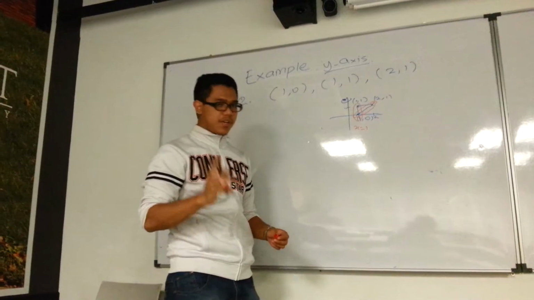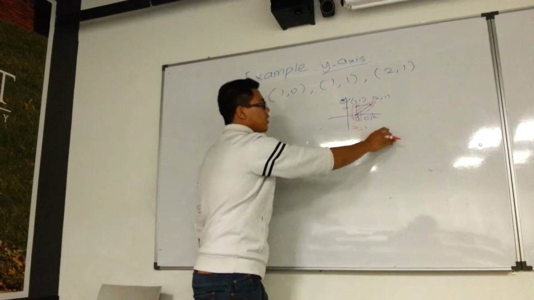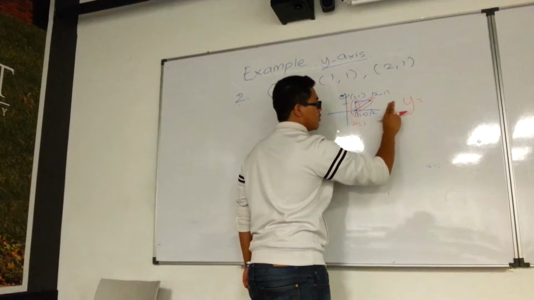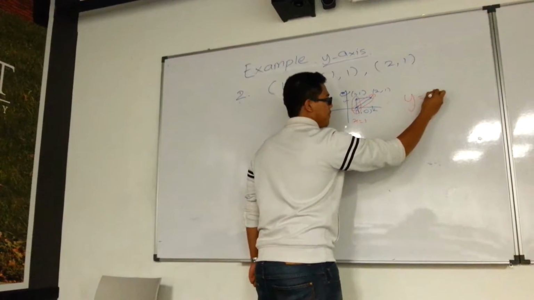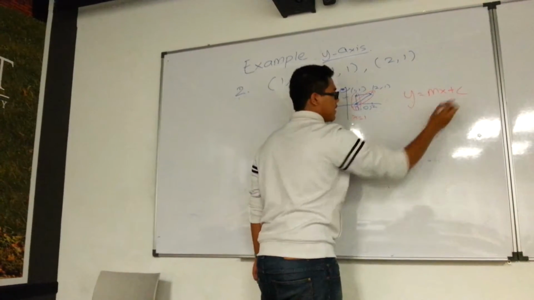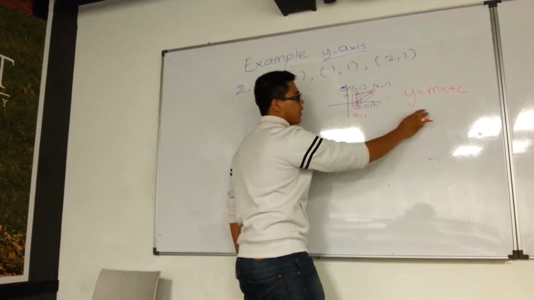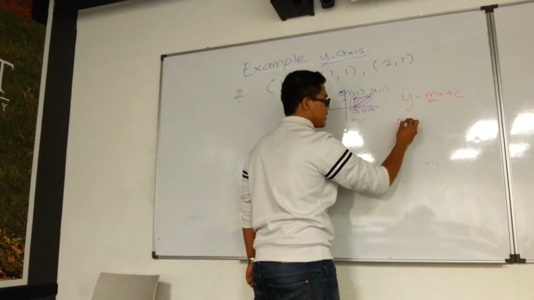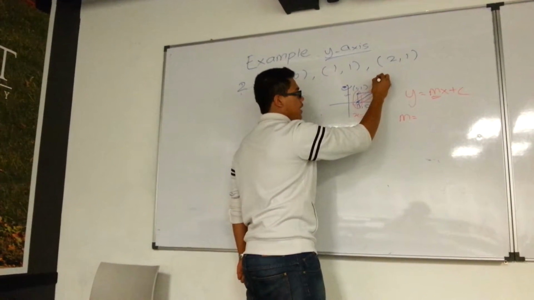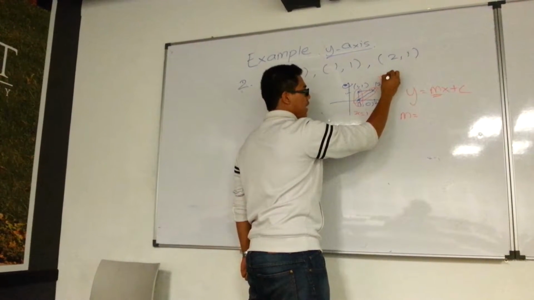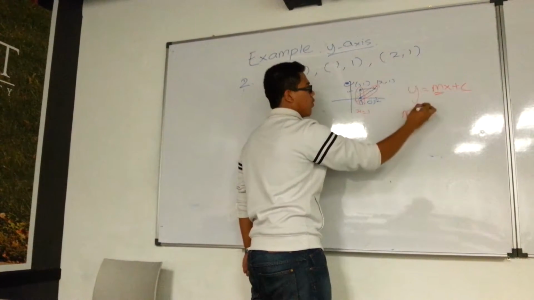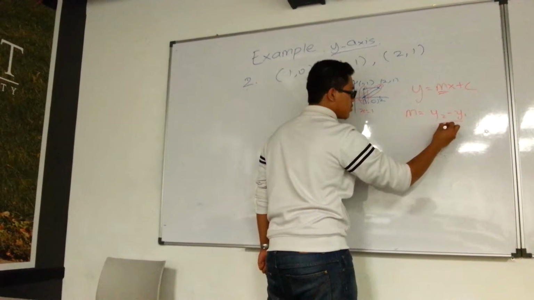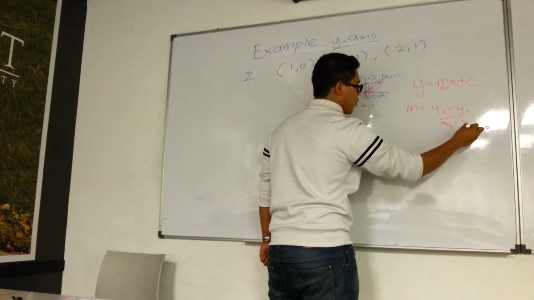The outer radius. First we must find y is equal to mx plus c. Then we must first find m. m is actually y2 minus y1 over x2 minus x1.